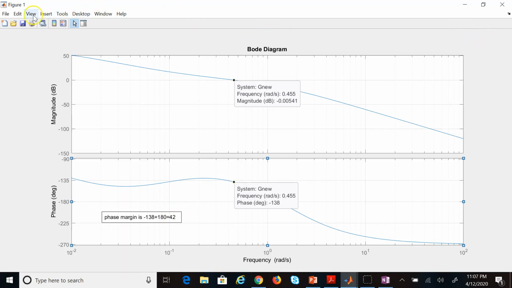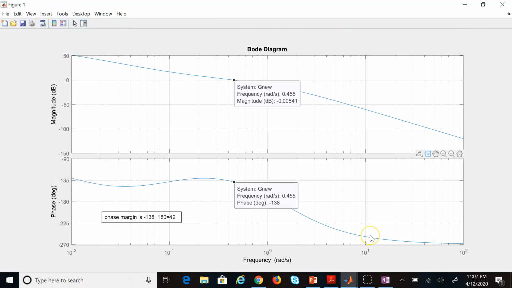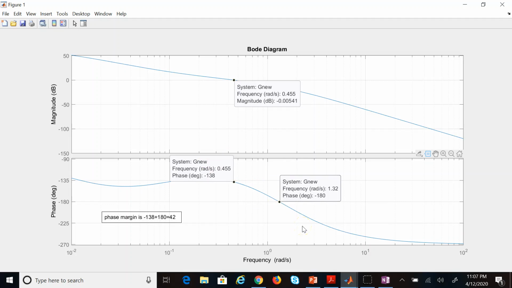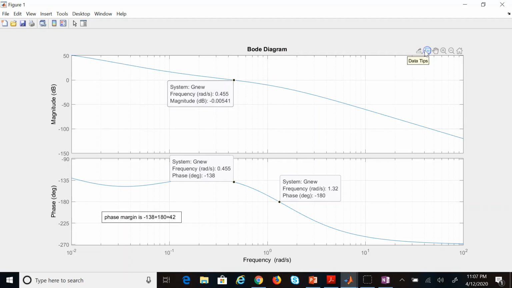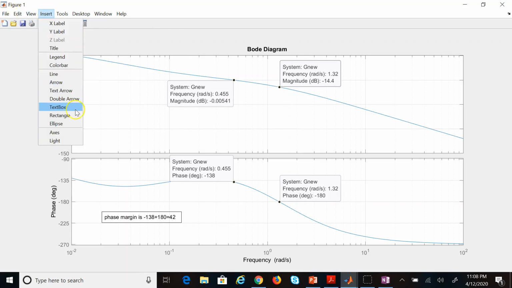And then I also go ahead and find where the phase becomes negative 180. First, let me move this around and then find this point, and that's 1.32. And then I come here and at the same frequency I find the gain, which is 14.4. So the gain margin is negative of that number, right?